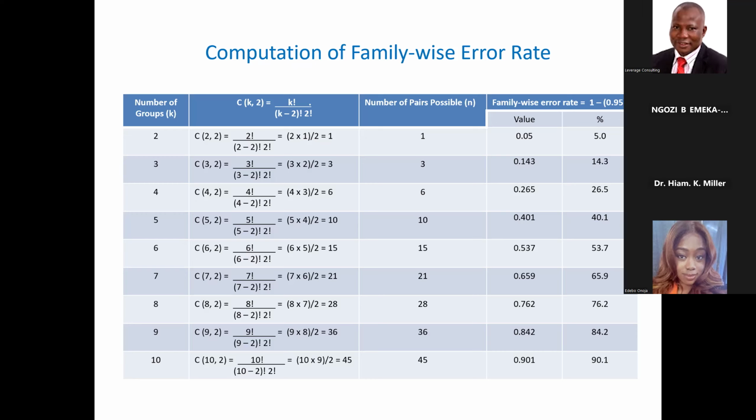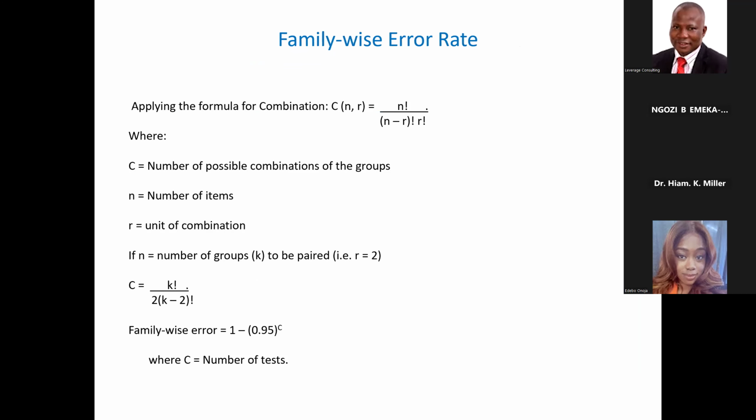But if you now do 3 groups, what will happen is that it will increase this to 40.3%. That's the demonstration anyway. What it means is that when you multiply 0.95 times 0.95 times 0.95 and remove it from 1, it will give you 0.143, which is 14.3%.